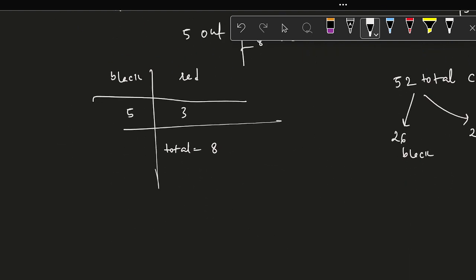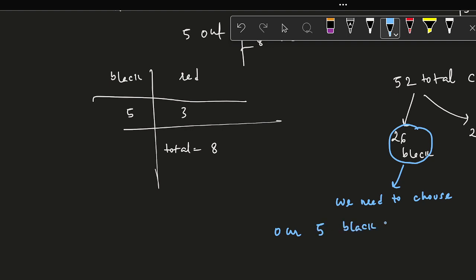Now what we have to do is first choose 5 black cards out of these 26 black cards in total, because it is said that we have 5 black cards in our hand, but we don't know which 5. It can be of different types, right? It can be of spades, clubs, there can be different types of cards, but the color is black.